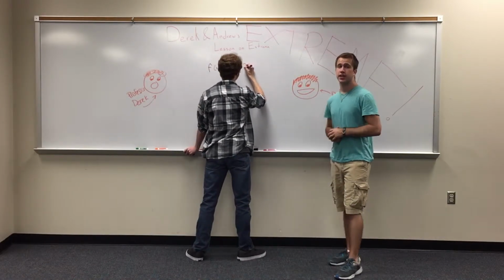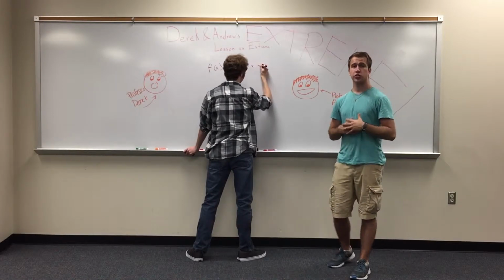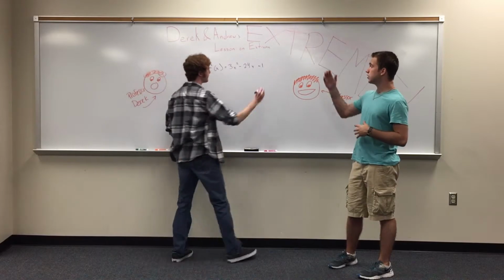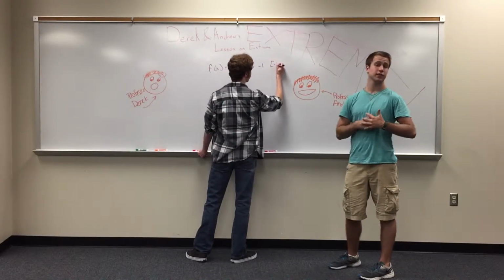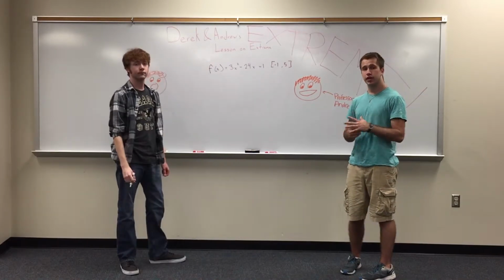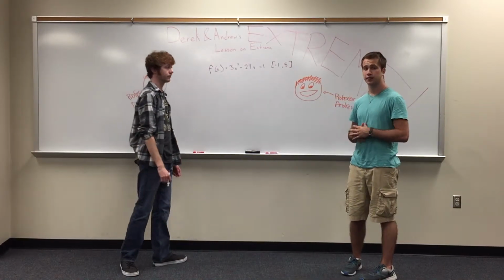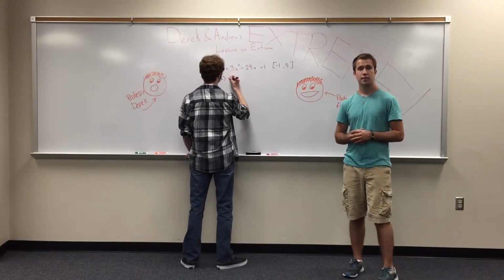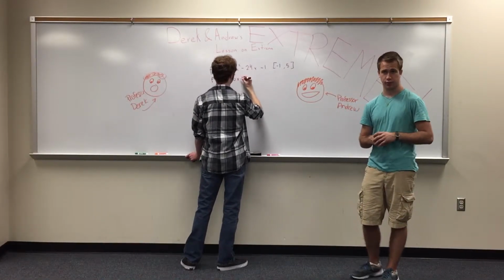So when you're given a function f of x on a given interval, you take the derivative. For example, f of x equals 3x squared minus 24x minus 1 on the interval negative 1 to 5. We begin by taking the first derivative by using the extreme power rule.